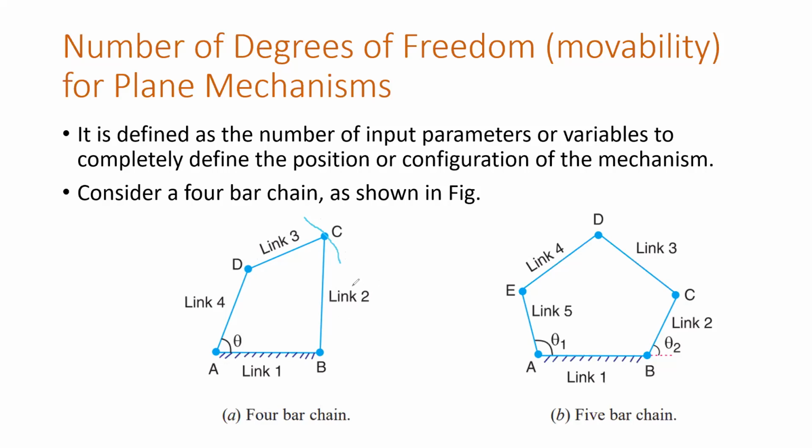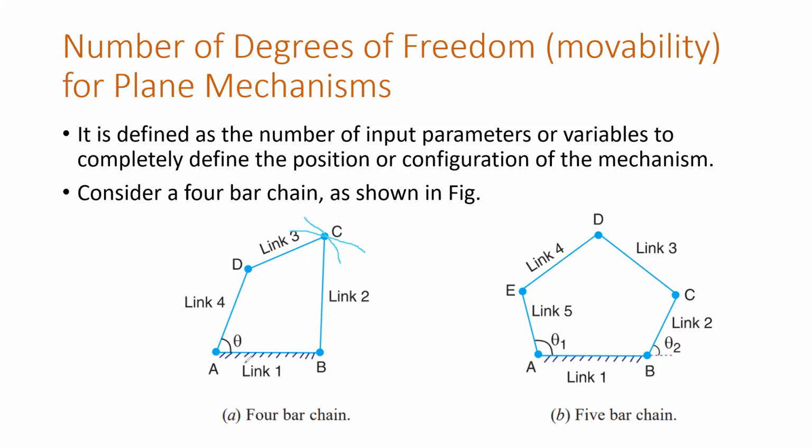So length of link 2 I know. I will take that length in compass, put the compass at point B, and draw another arc. Where these two arcs intersect each other will be where your point C is.